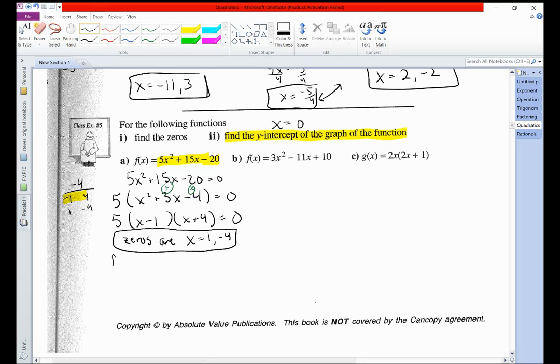So f of 0 is equal to 5 times 0 squared plus 15 times 0 minus 20. When you solve this, this term is 0, this term is 0, so they both go away, and you're left with f of 0 is equal to -20. So your y-intercept is -20.